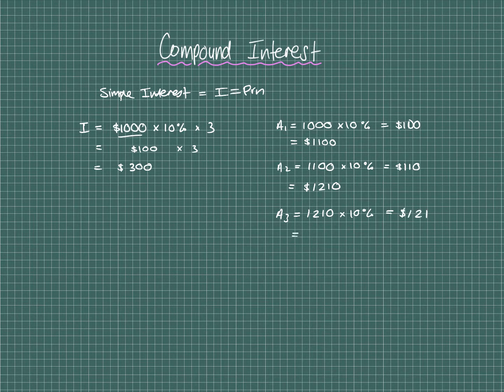If I now add the $121 onto the $1,210, we're going to end up coming up with $1,331. Okay, so let's now compare. With the simple interest version, at the end of our time, we're going to have $1,300 as opposed to the compound interest where we have $1,331.